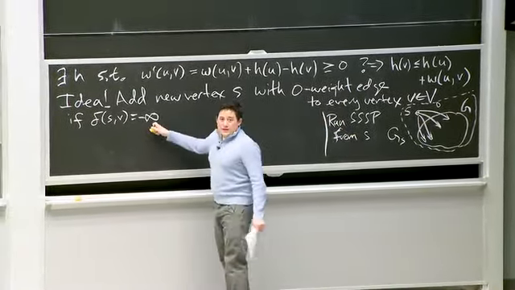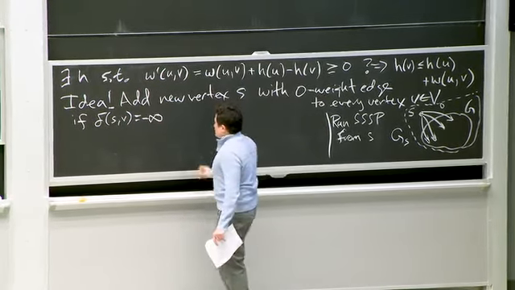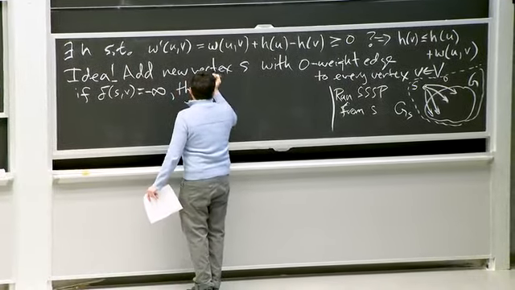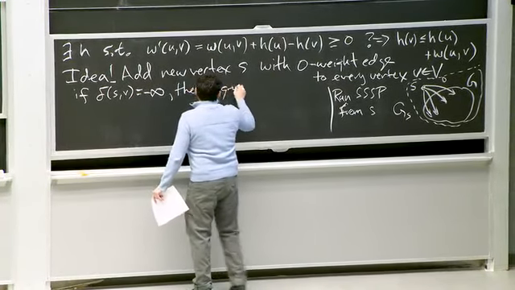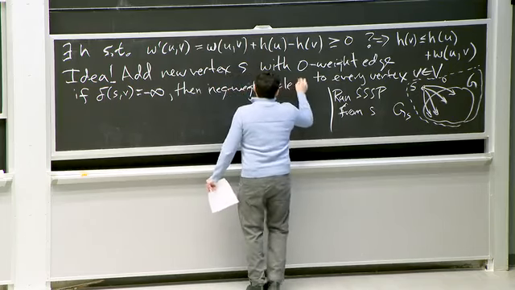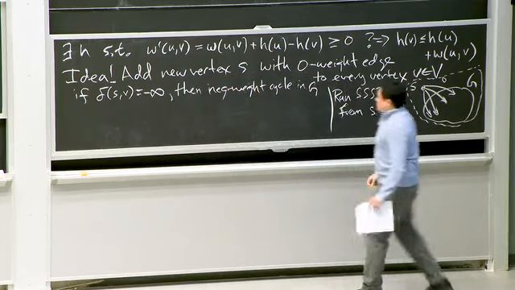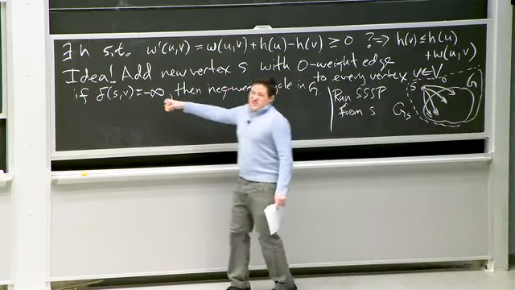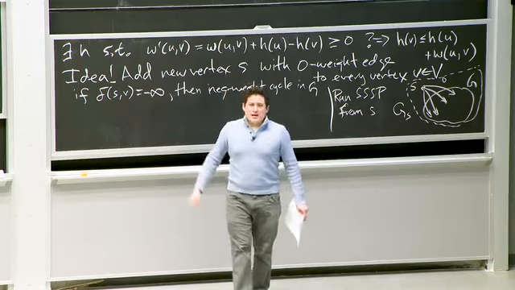If there's a negative weight distance from S, then there was a negative weight cycle in the original graph. Why is that? Well, if this was set to minus infinity, then there is some negative weight cycle in the graph.